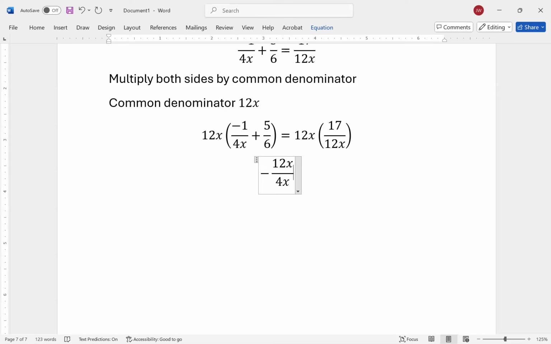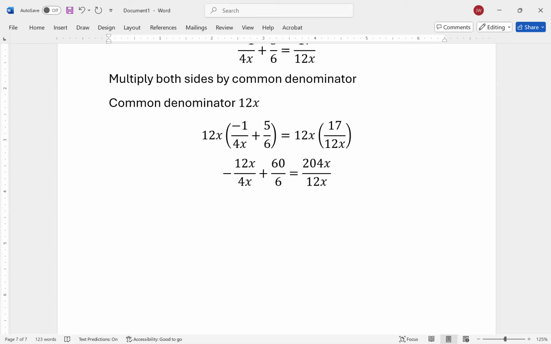Well, 12 times 5 is 60. So I'm going to get a 60 over 6 as my second term. And then when I take 12x times 17, I'm going to get 204x divided by 12x on the right-hand side.